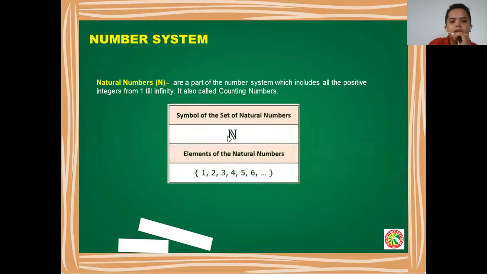This is the symbol representation of natural numbers, N. The elements of natural numbers N consist of a series of sets of 1, 2, 3, 4, 5, 6, and so on and so forth. So it starts with 1 until infinity.